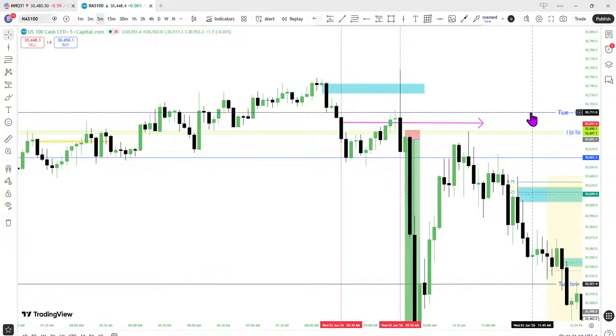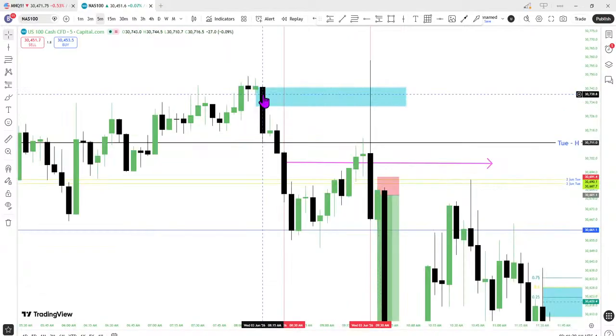None of the bodies move above it. It's only the wicks manipulating inside this imbalance. What is manipulation and what did I teach you about it? Manipulation is called fake run. I personally call it fake run because it deceives people into thinking the market is going up while the main objective is to go down.